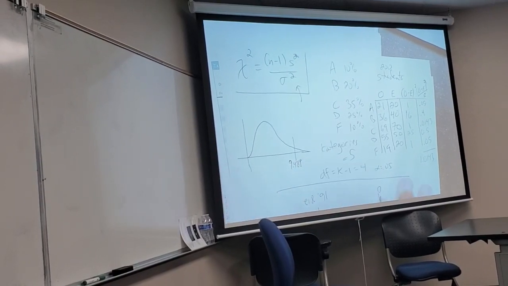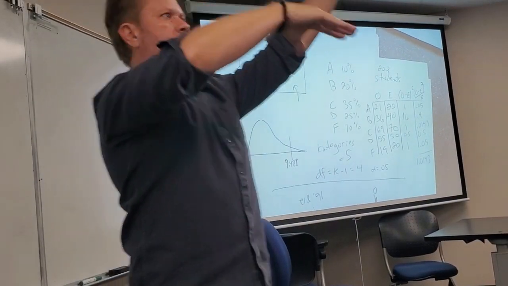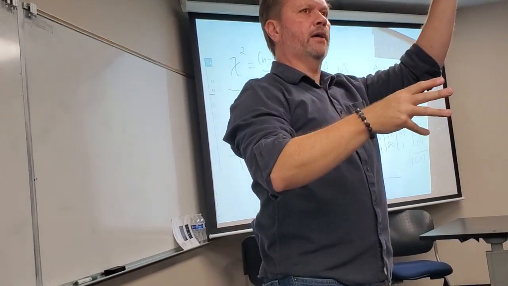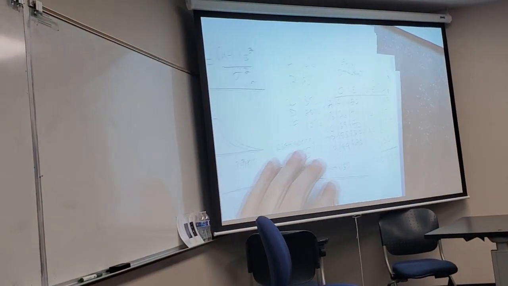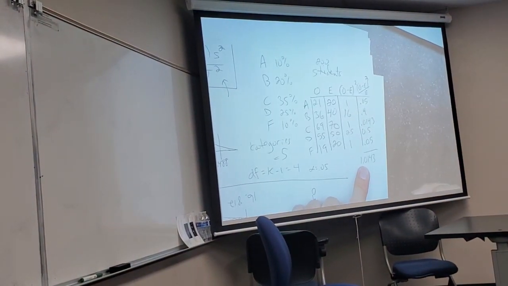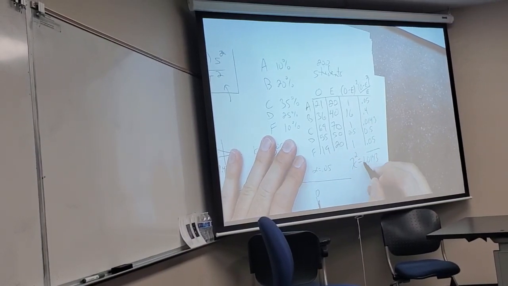So let me see if I can really get you guys with me. Remind me, if my observations had exactly lined up with my expectation, what would this have added up to be? 0, right? This, by the way, is chi-square.